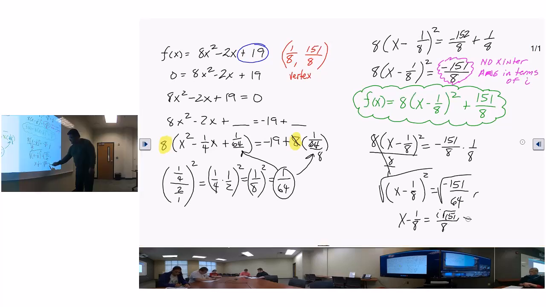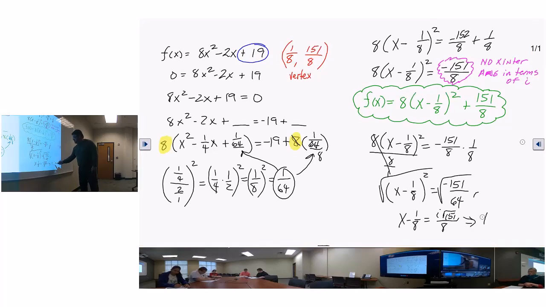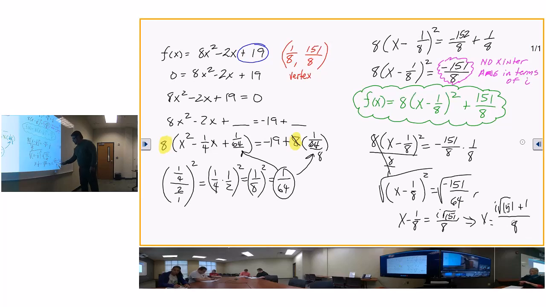And then that's going to give us x is equal to i times the square root of 151 plus 1 over 8. And there's several ways you can write that.